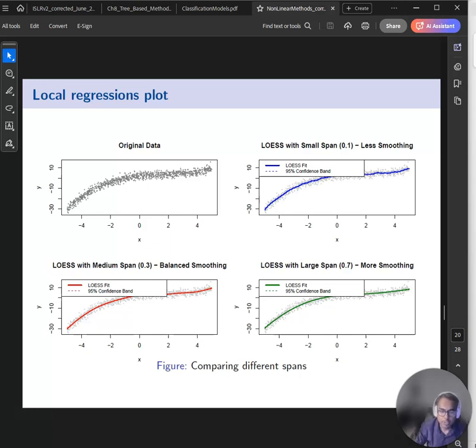As we increase the span, we end up with smoother functions. The optimal span depends on your specific goal, whether you're more concerned with capturing fine details or more interested in identifying broader trends. In practice, cross-validation can help select an appropriate span, balancing bias and variance in your model.